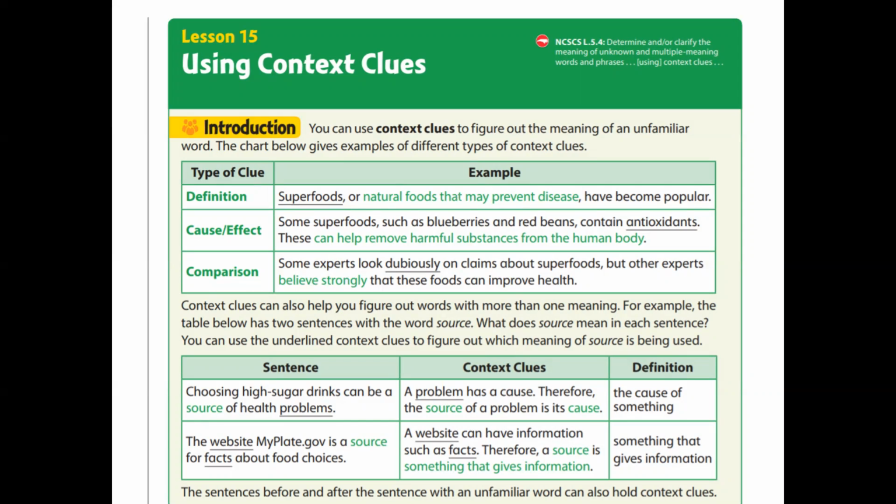So number 2 says, a website can have information such as facts. Therefore, a source is something that gives information. So our definition in there is something that gives information.